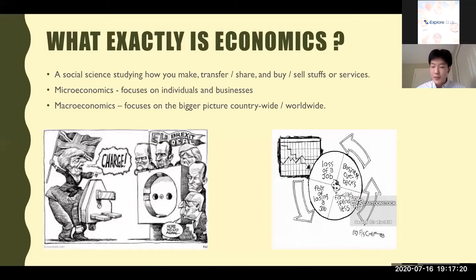And the picture on the right shows a negative business cycle, and it is related to microeconomics, so personal businesses. You can see the cycle is about when families spend less, businesses face cutbacks, which means they earn less money. And when they earn less money, they will likely get rid of some of their employees, which means there will be loss of a job for those employees.